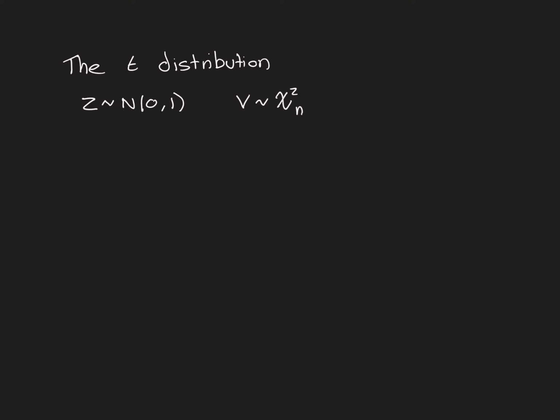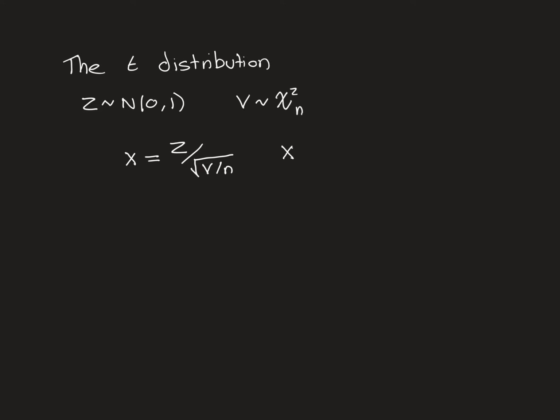And then let's say that we take Z and divide it through by the square root of V divided by its degree of freedom n. Let's call this new random variable X. And then the question is, how is that distributed? Well, that ends up being t-distributed.